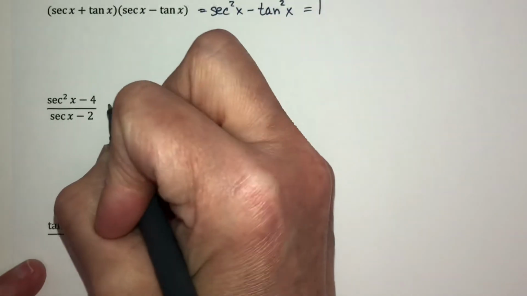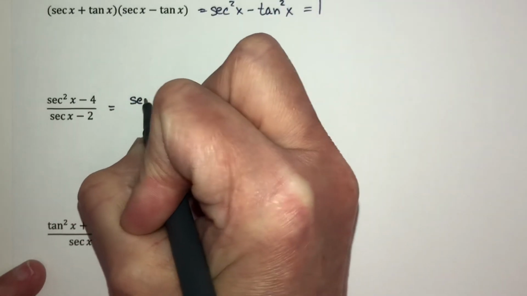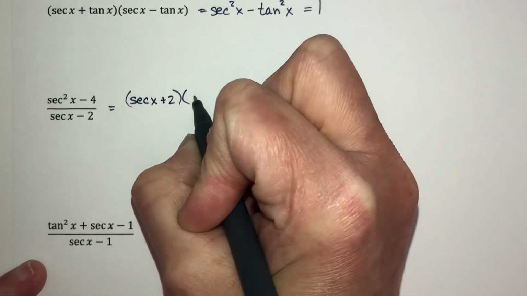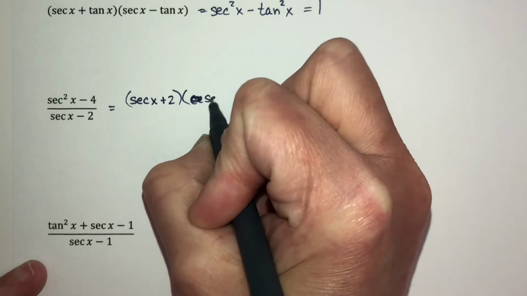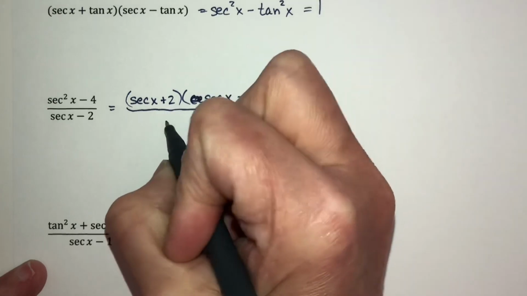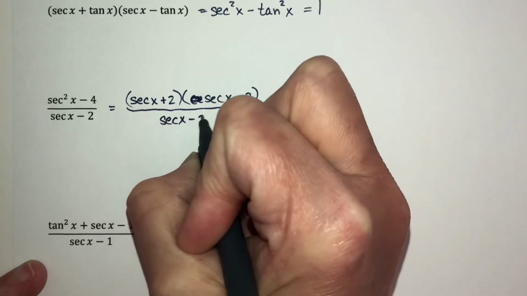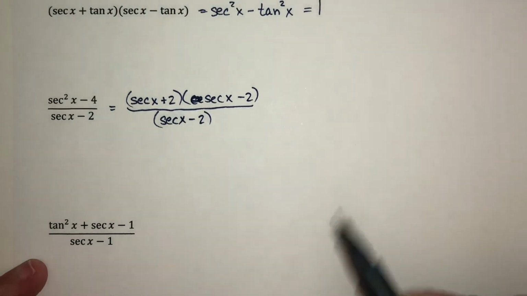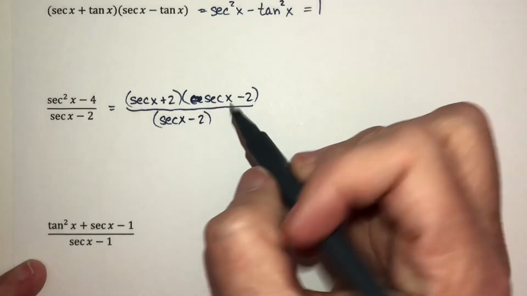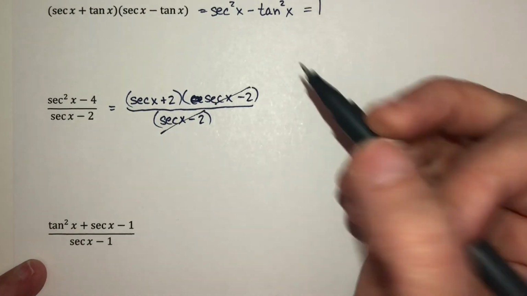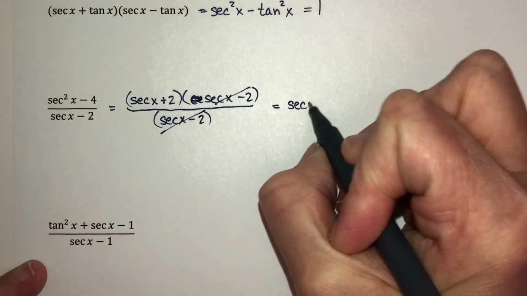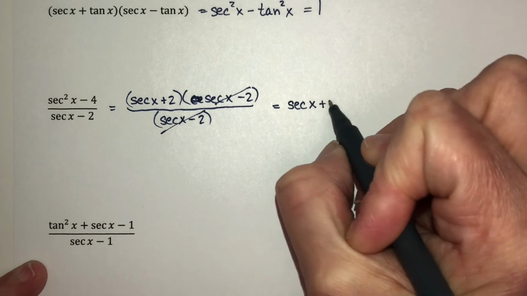So I can factor the numerator as secant x plus 2 times secant x minus 2. And this is over secant x minus 2. And to reduce a fraction, this needs to be put in parentheses, or it needs to cancel out as a unit. And I can reduce that and that. So this statement simplifies to secant x plus 2.